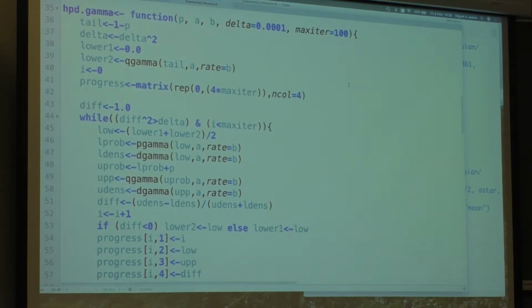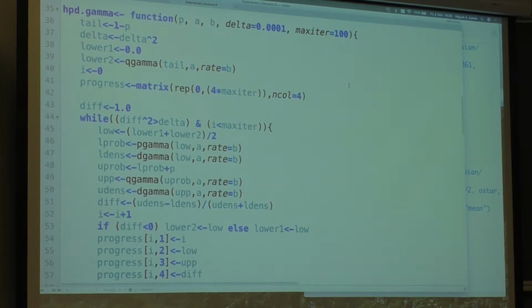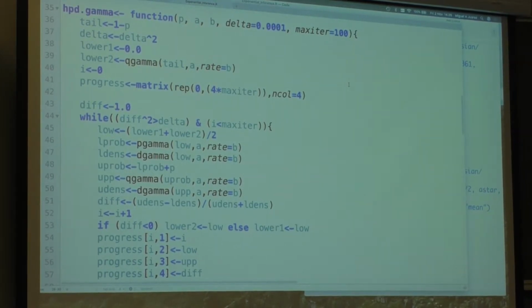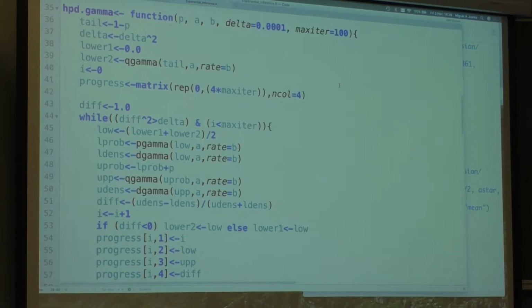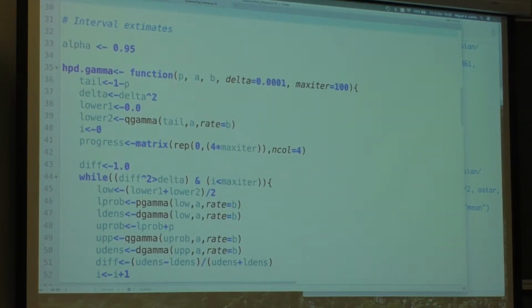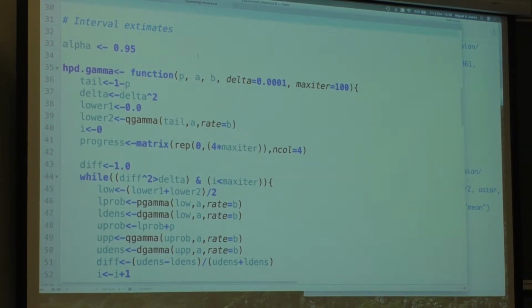Either that the posterior or the relevant distribution is symmetric, and therefore the HPD is the equally tailed, easy to calculate, or you will be able to actually integrate the posterior distribution or the relevant distribution, right? If you have a distribution of this type, chances are that you won't be asked for an HPD, okay? Because that won't be, I was about to say fair, but it wouldn't even be feasible, okay?